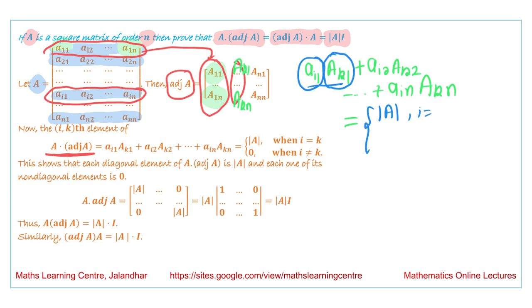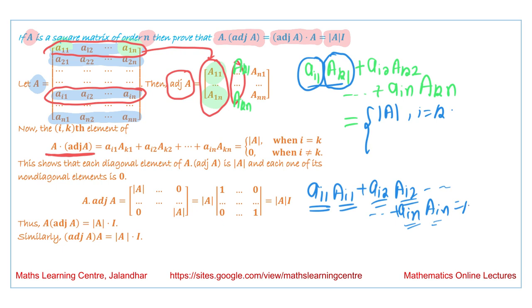So when i is equal to k, we are talking about ai1 A i1 plus ai2 A i2, and so on up to plus ain A in. When elements and their own cofactors are multiplied, the answer is equal to determinant of A. Otherwise the answer is equal to 0 when i is not equal to k.